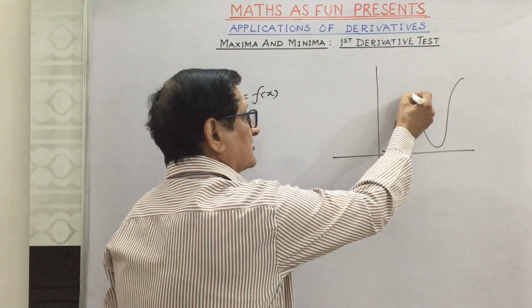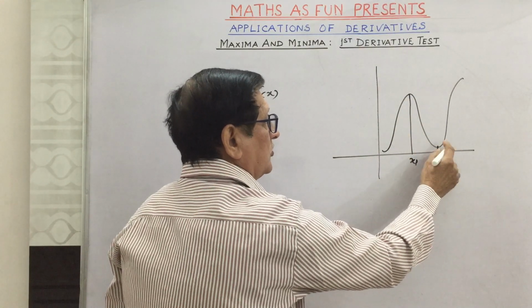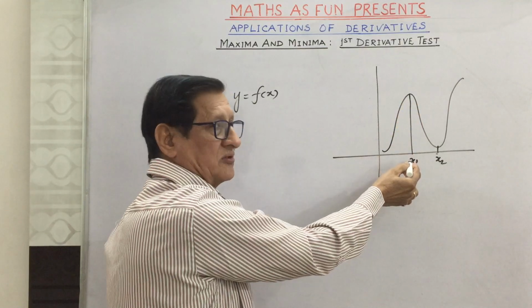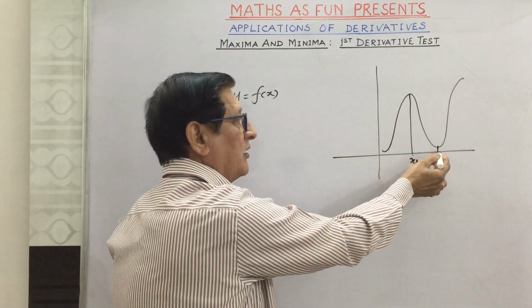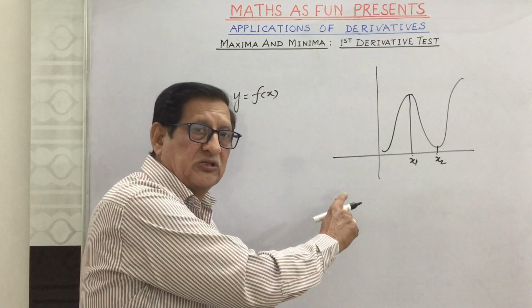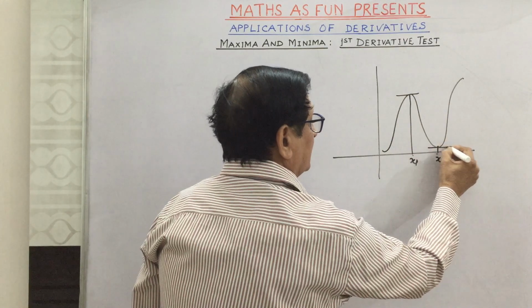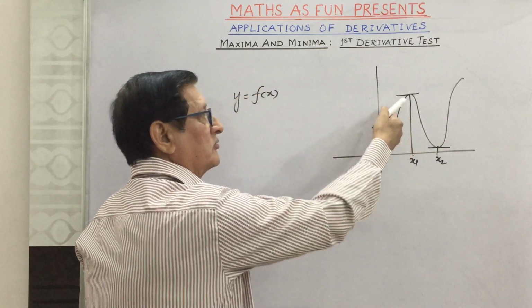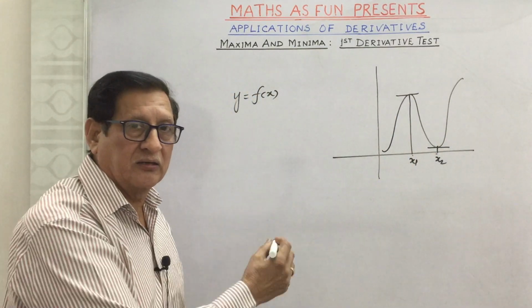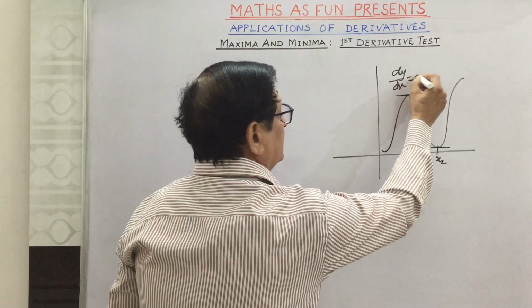Then these 2 points x1 and x2 were known as the points of local maxima and local minima. If we draw the tangents to the curve at these points, we found that the tangents were parallel to the x-axis, and then dy by dx at such points was 0.